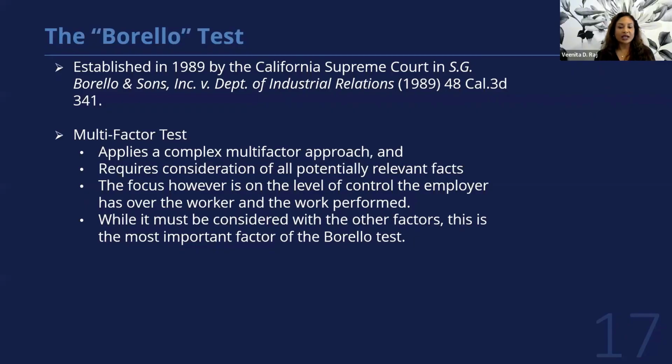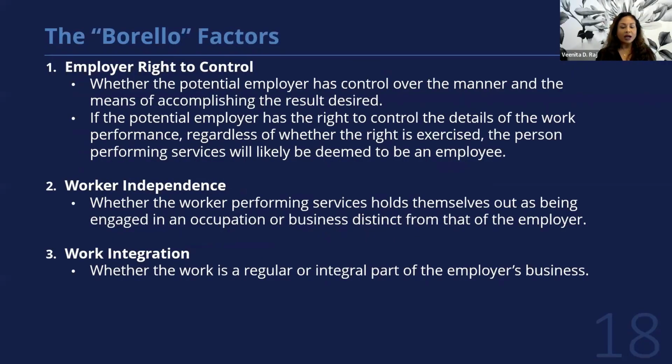With that, we now get into what are the Borello factors. I have 13 factors, narrowed it down to 13. The first one is the employer's right to control, whether the potential employer has control over the manner and means of accomplishing the result desired.